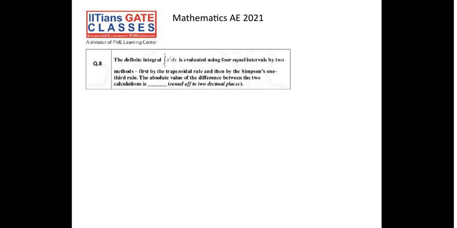So let's start by finding out the step size. Since there are 4 equal intervals, h is equal to the upper limit minus the lower limit divided by the number of intervals. 5 minus 1 by 4, the step size is 1. Then let's make a table of values x, y.